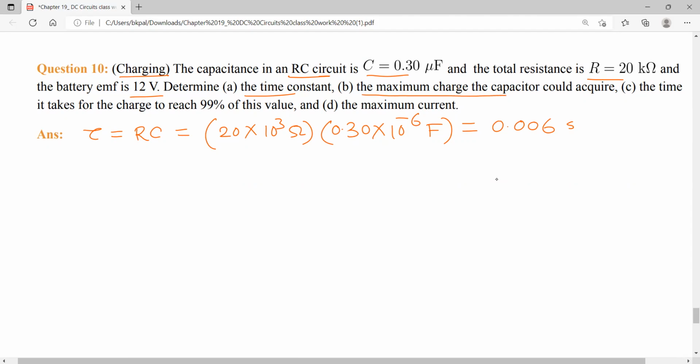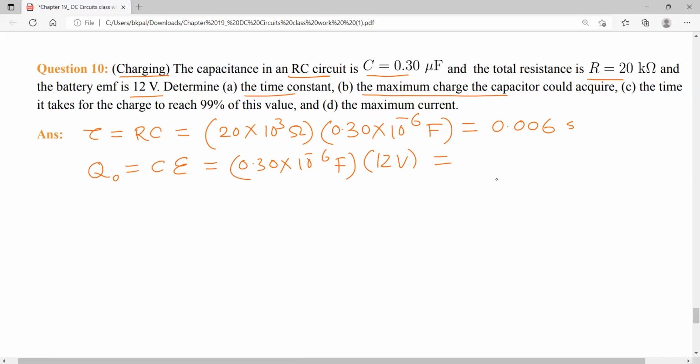The second one is when the maximum charge of the capacitor could occur. The maximum charge, if you remember, is Q0, which is equal to C times the EMF. C here is 0.30 times 10 to the power minus 6 farad, and the EMF is the 12 volt battery EMF.